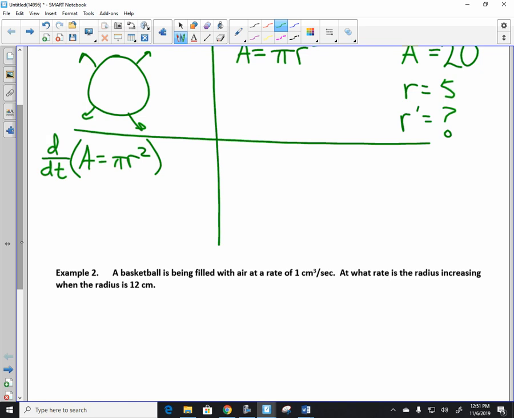So we're going to have to list a prime for each variable then. So what's the derivative of area? We'll get to that in a second. Derivative of A is 1 times A prime, right? The derivative of y, you would say, is 1 times y prime, right? So the derivative of A is A prime.